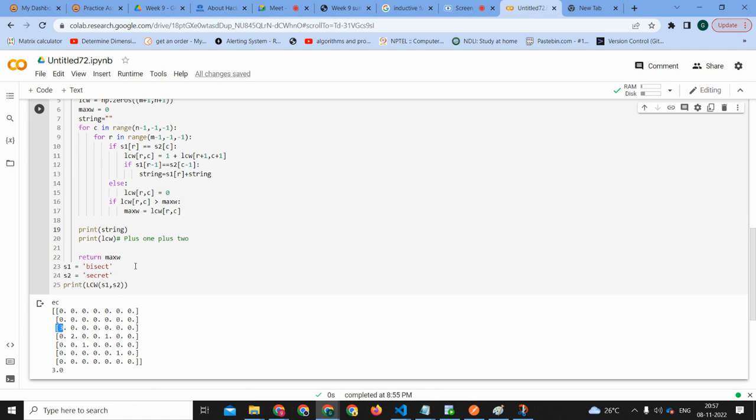Yeah, that's the length of it. So if you take the slice of the S1 starting with C and ending at max W minus 1. Slice of string S1. Mm-hmm, that's right.